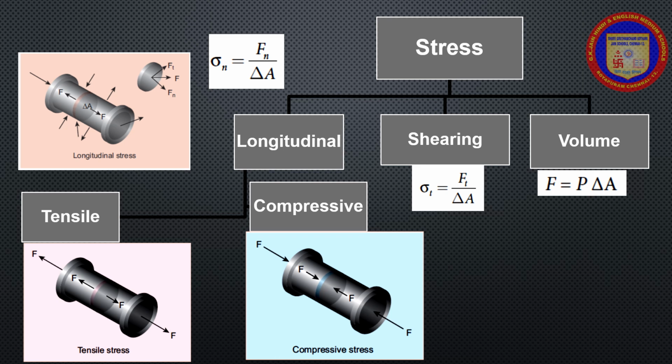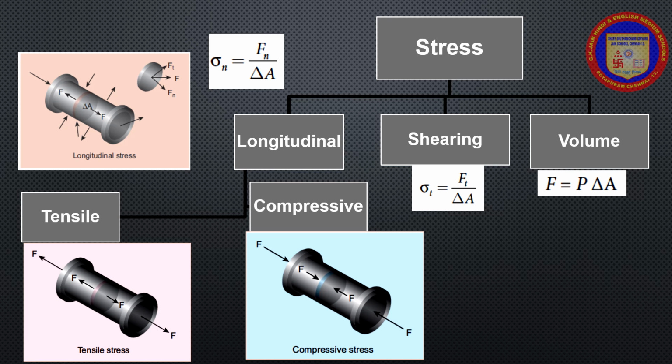Next is volume stress. Volume stress happens when a body is acted on by a force everywhere on the surface such that the force at any point is normal to the surface and the magnitude of the force on a small surface area is proportional to the given area. Let me consider a solid immersed in a liquid.